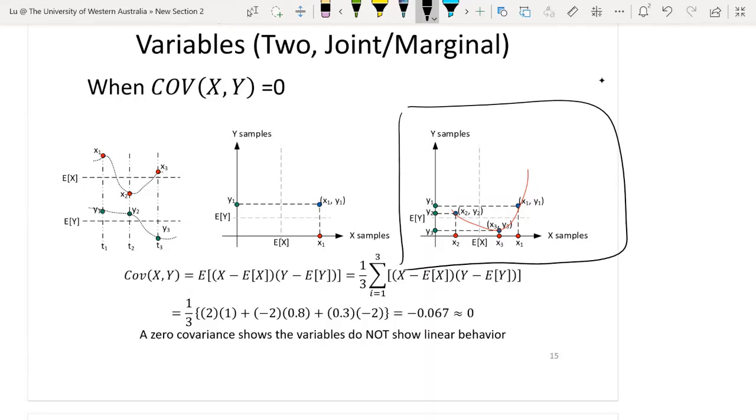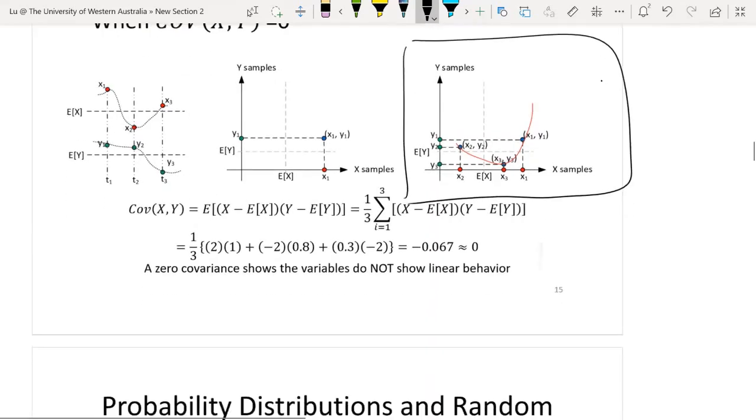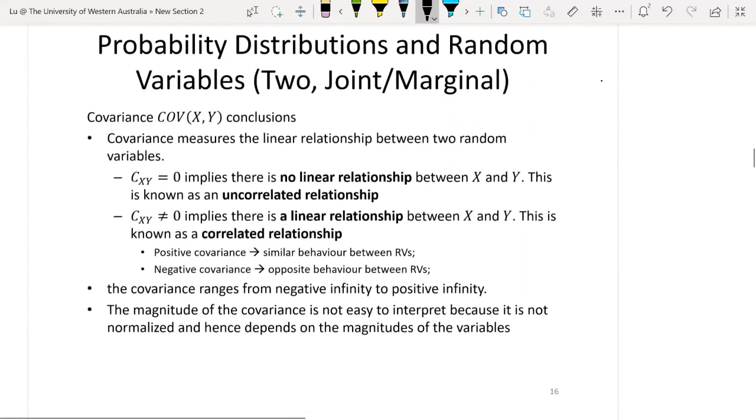Okay, so now after we went through these three examples, we come back to our summary again. Covariance is used to measure, I just highlight this one, linear relationship between two random variables. If the covariance is 0, we don't have the linear relationship between these x and y random variables.